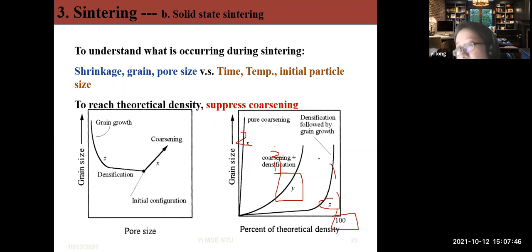Because in the end, what is sintering? You have particles, and the particles come together. There are atoms inside, so it's all about where this atom will go.